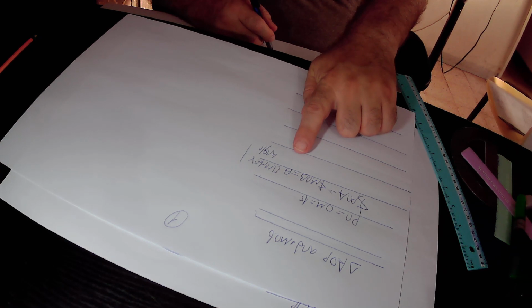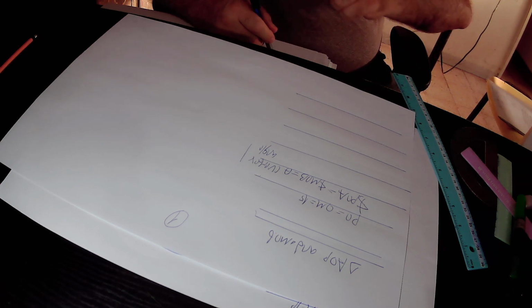They are both equal to theta, therefore they are equal to each other according to the rule that vertex angles are equal to each other.